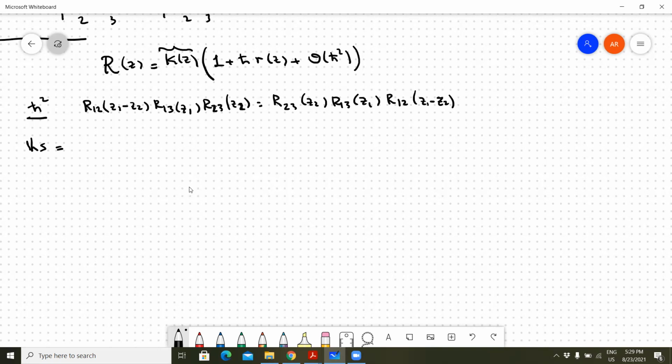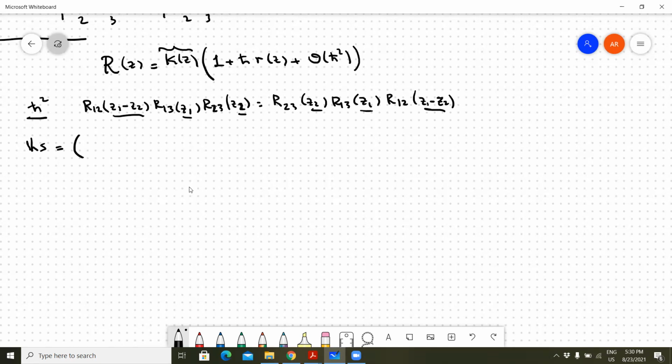So your Yang-Baxter is always invariant under multiplying your R by some function. So I will forget this kappa just to make it quicker to write, because it will be the same in both sides, because we have exactly the same spectral parameter dependence in both sides. So this kappa will not make a difference.